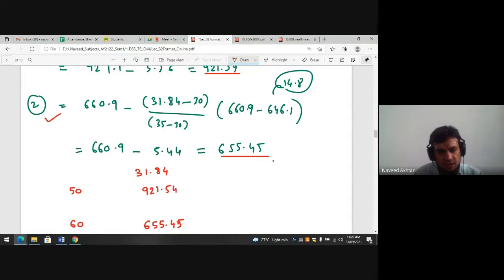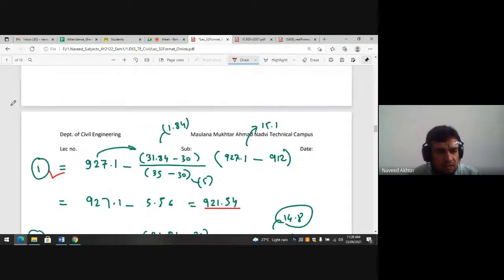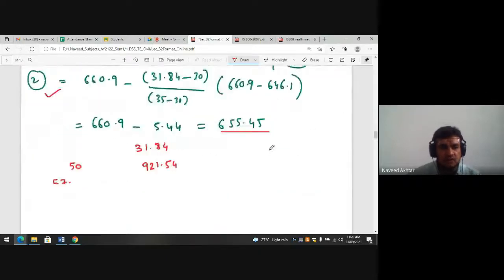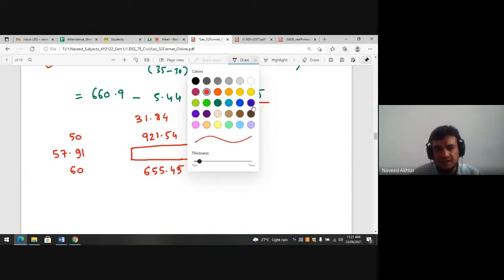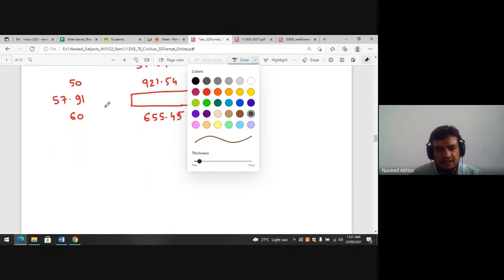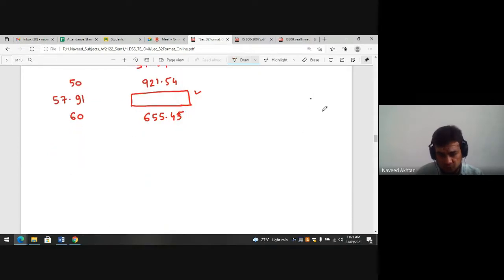Now for 57.91 we have to find the fcrb value, and that will be our final value. So this value we have to find out. If I interpolate, the interpolation will be like that.